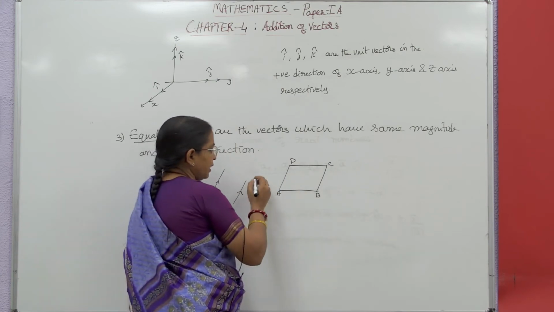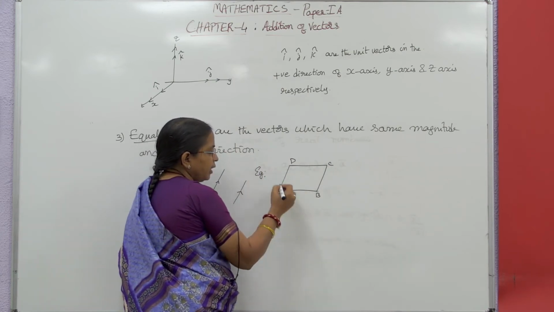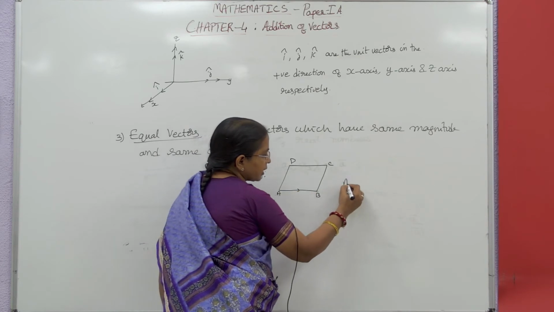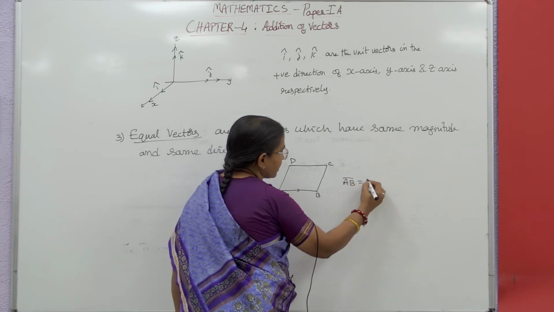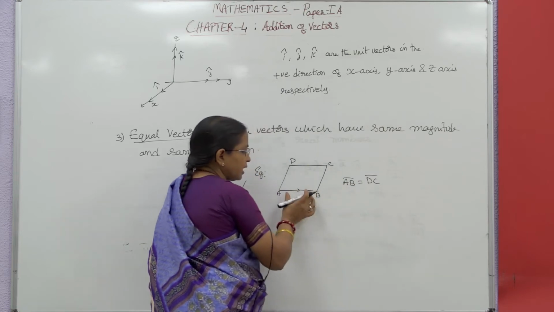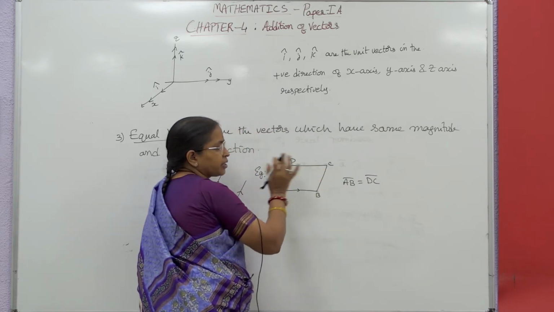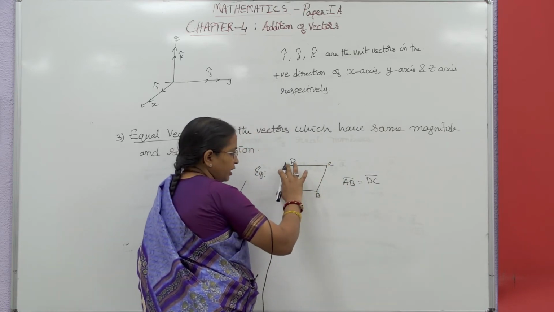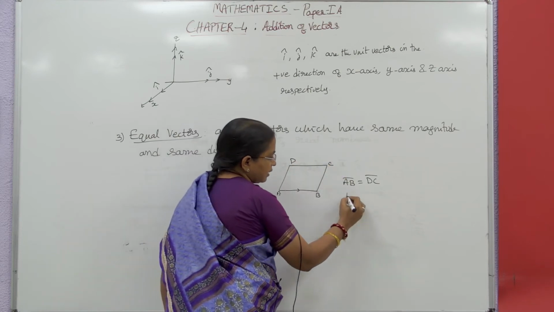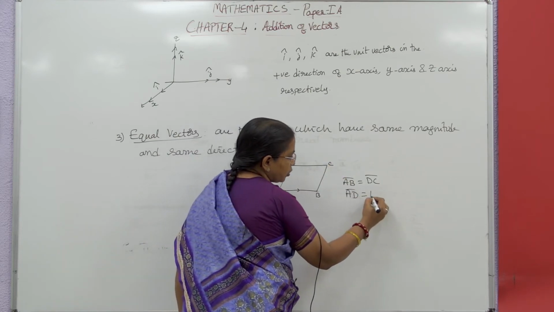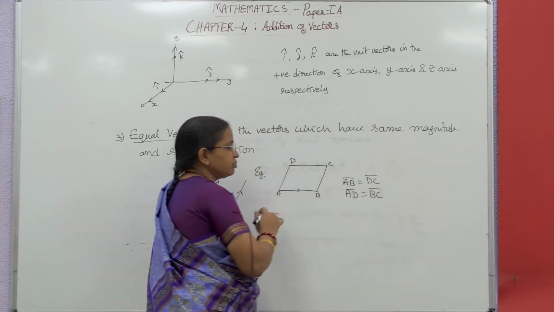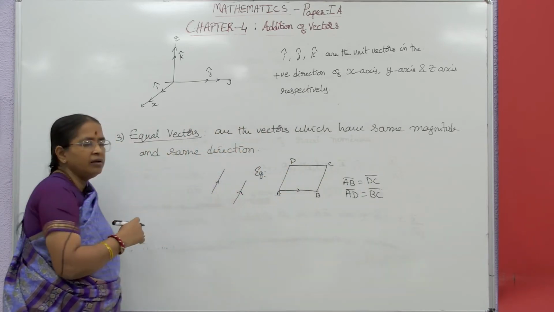So in a parallelogram, AB vector is the same as DC vector because they have the same length and same direction. And in the same way, AD is the same as BC. So like this, we have equal vectors.